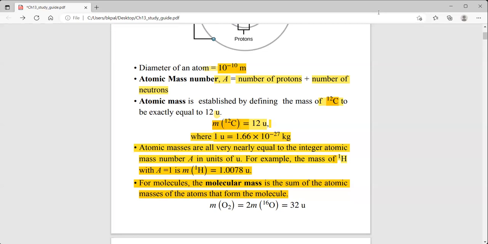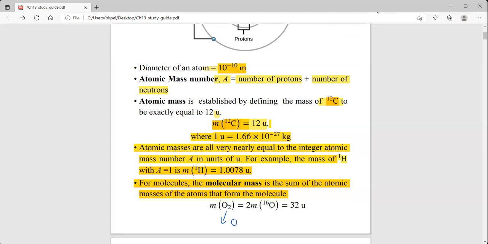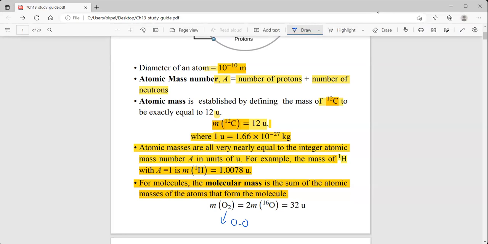For example, the molecular mass of an oxygen molecule is equal to 2 times the atomic mass of an oxygen atom. That's because in an O2 molecule we have one oxygen atom and another oxygen atom, two oxygen atoms.